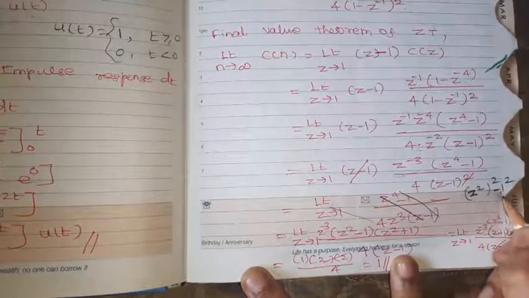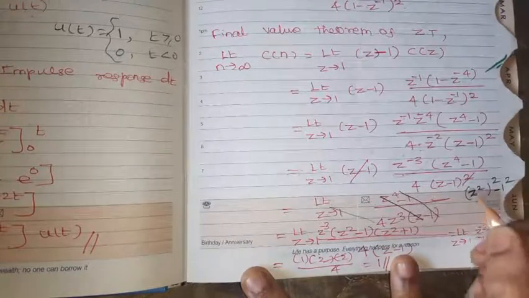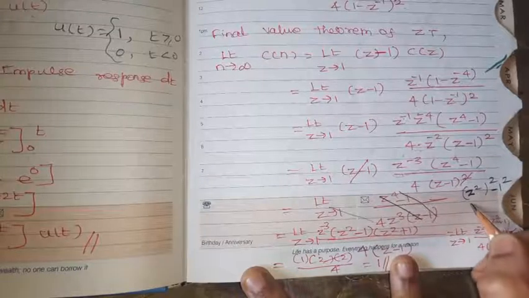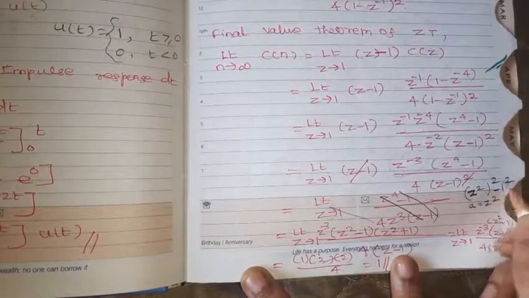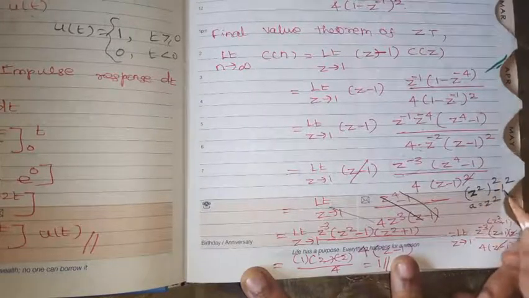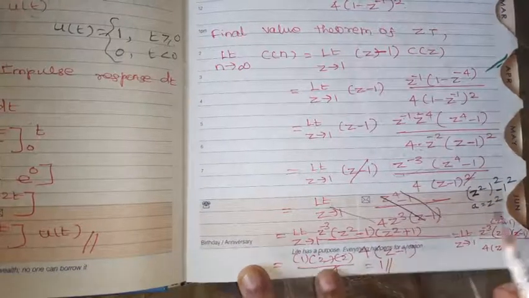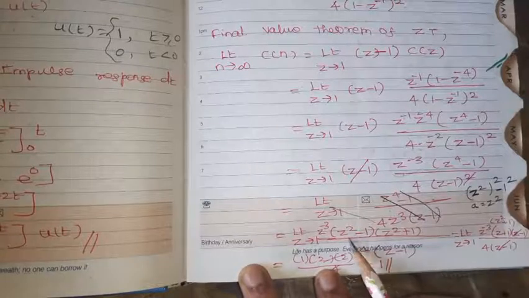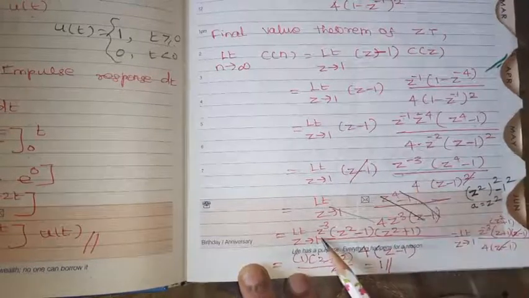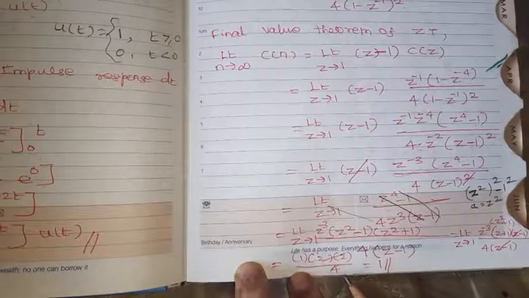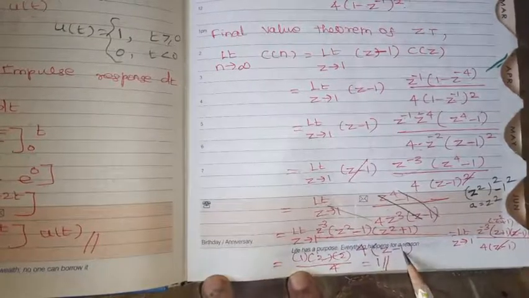This is like a squared minus b squared. A is nothing but z squared. A squared minus b squared is (a plus b) into (a minus b). So now (z squared minus 1) into (z squared plus 1). Here z power minus 3 is also in the numerator, and in the denominator 4 into (z minus 1).